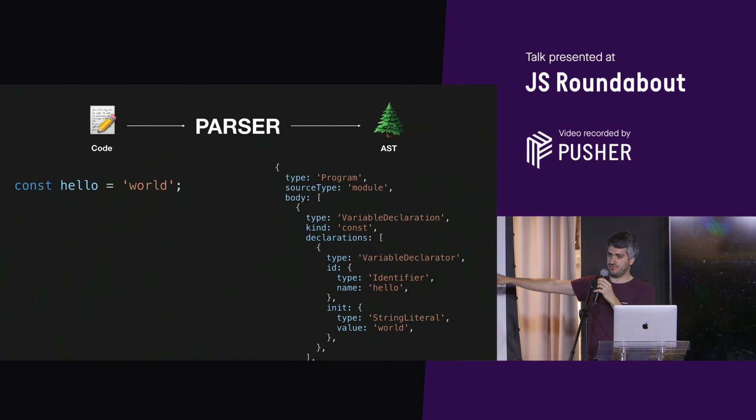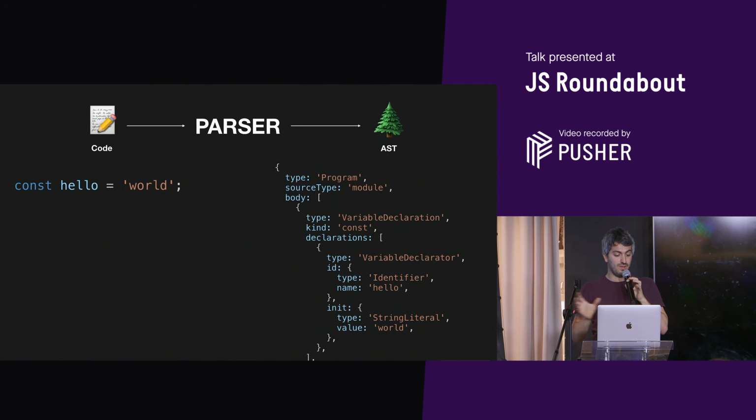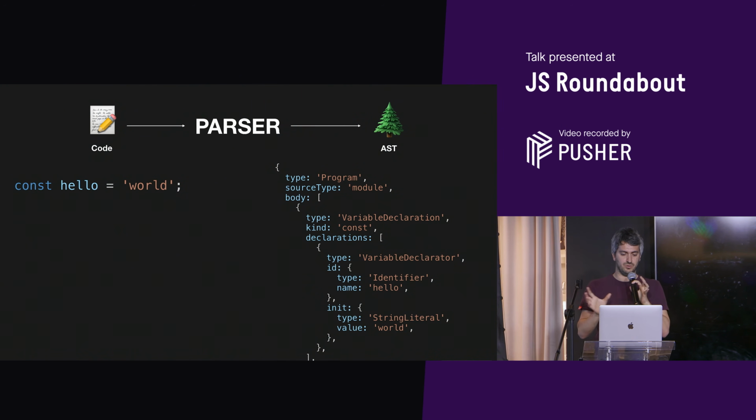A variable declaration of kind const that holds two parts, the ID and the init, so the initial value and the ID of how to identify that variable, which themselves are also other nodes. So we can see that all the information from the source code is there, or at least the useful information from the source code is there.